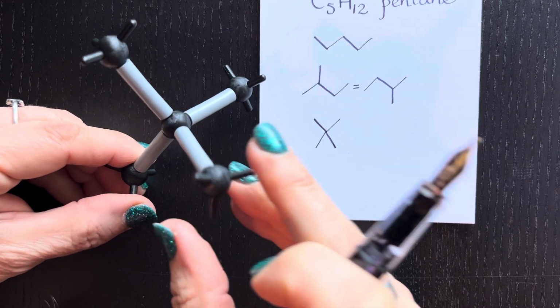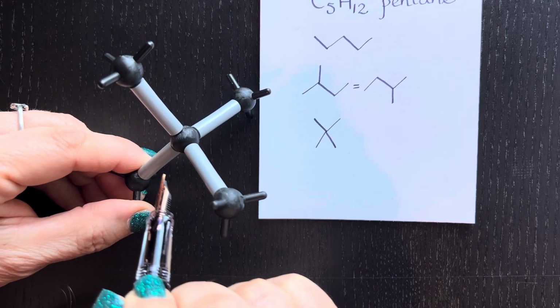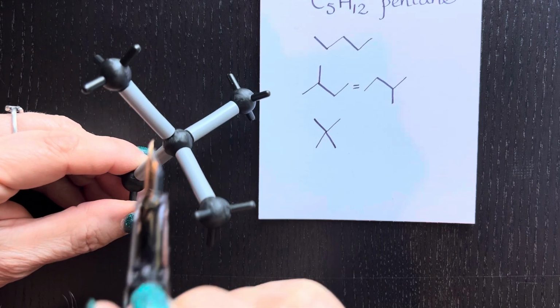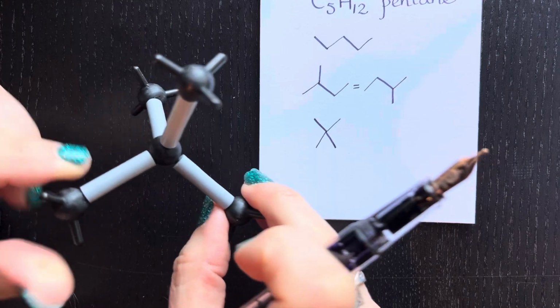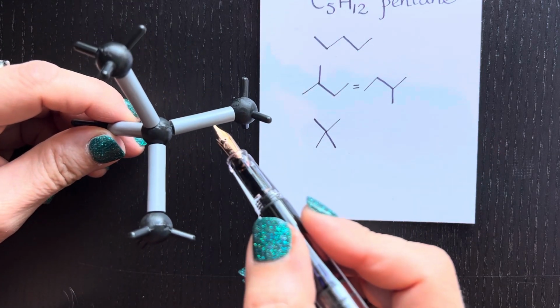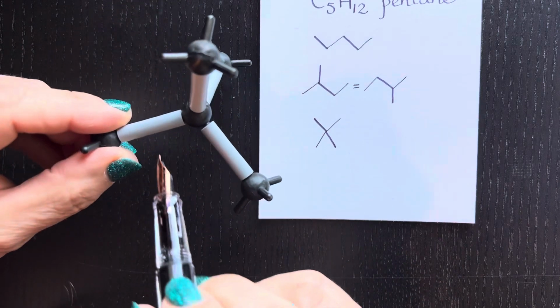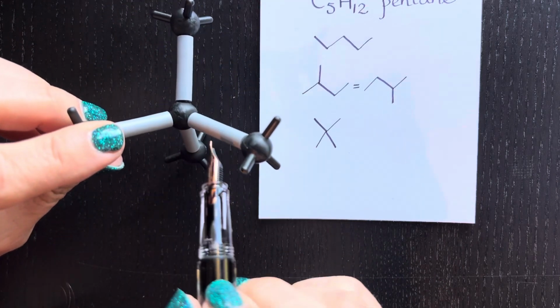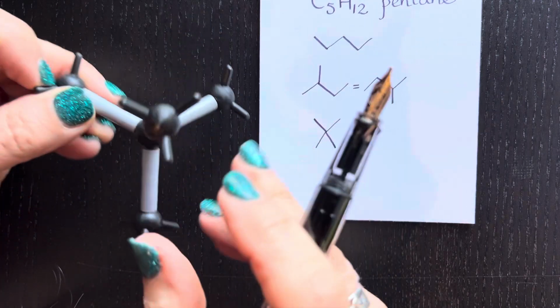If I were to hold this like this, it looks like we have a tighter bond angle here and a wider one here. In reality, this is perfectly symmetrical, tetrahedral around this central carbon, 109.5 degrees around every single one of these C-C-C bonds.